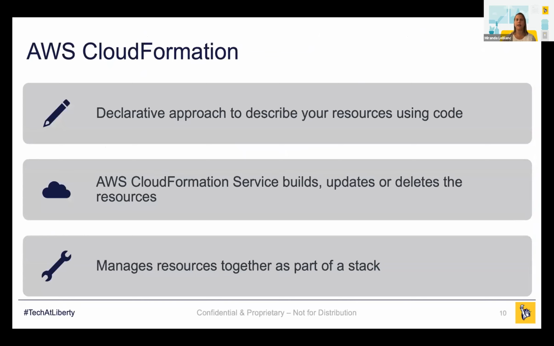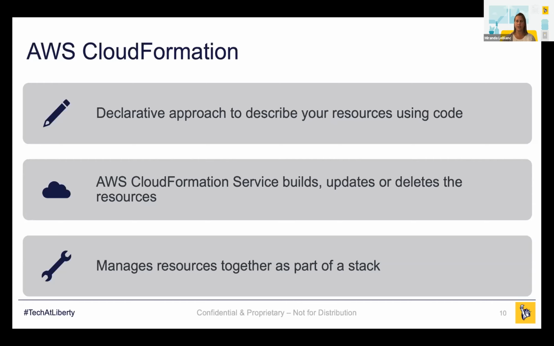All right, so let's set the stage with CloudFormation. In AWS, CloudFormation has 3 main parts. First is the CloudFormation template, and that's where you use a declarative approach to describe your resources using code. Then you pass that template to the AWS CloudFormation service, and the service is responsible for building resources, making updates to resources, or potentially deleting resources.